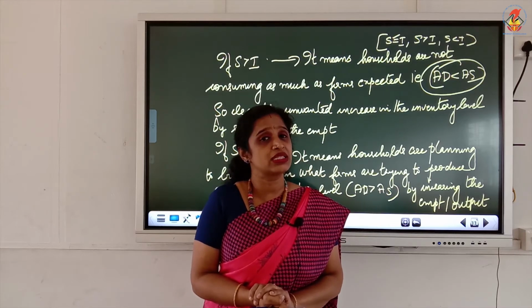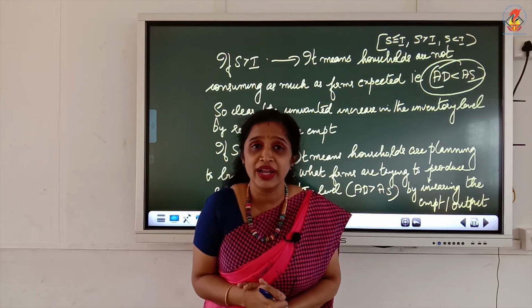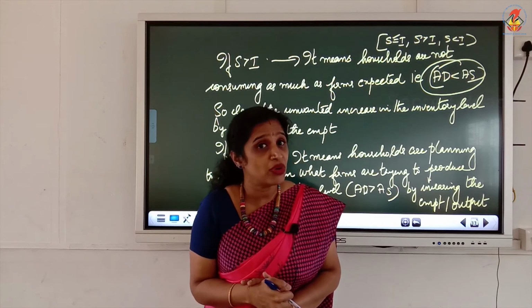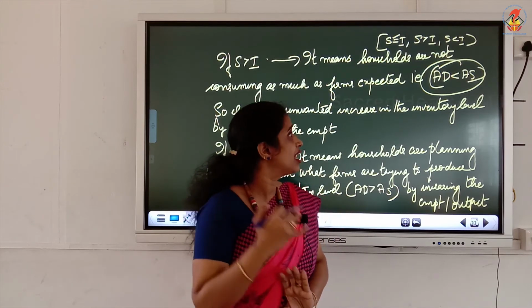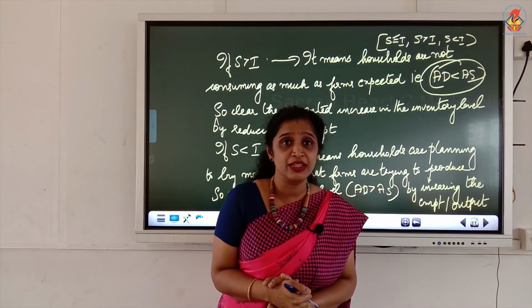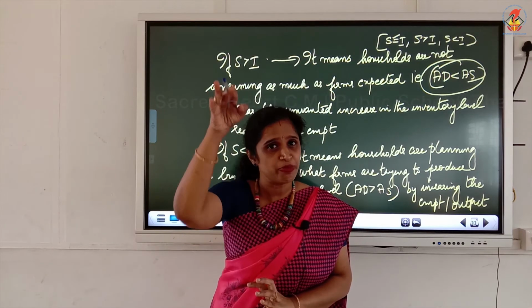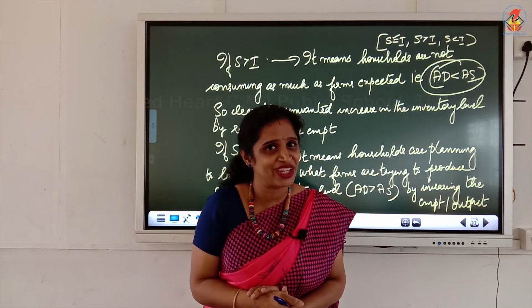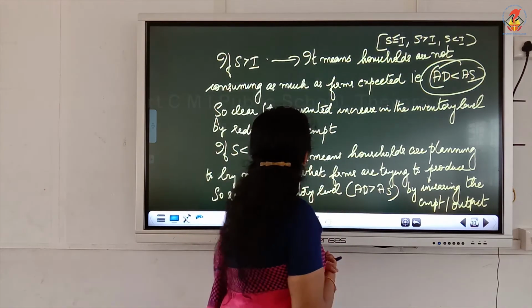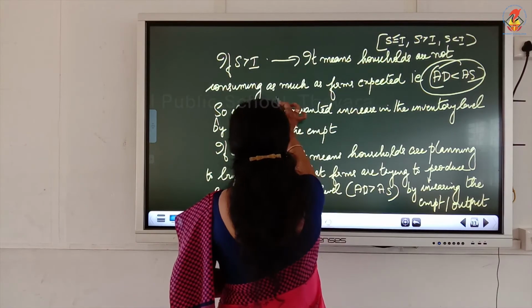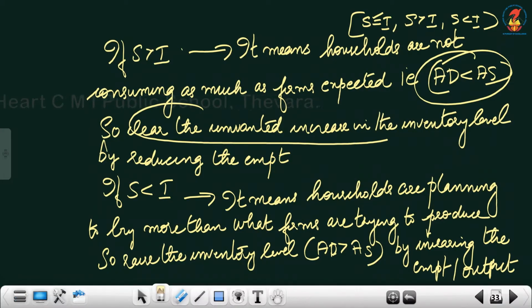So, you can write the same explanation you learned in the AD-AS approach. If AD is less than AS, what has to be done? Try to bring down the aggregate supply. To bring down the aggregate supply, clear the unwanted increase in the inventory level and reduce the employment level.